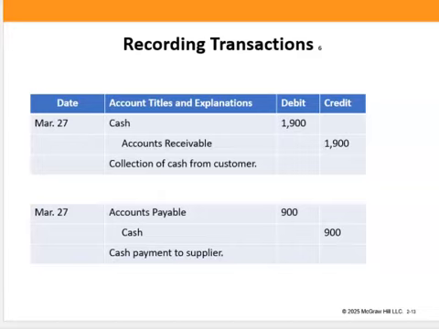The normal direction of a liability is a credit, so in order to reduce that accounts payable, we need to debit it. And the other side of the entry, because it has to balance, is cash, because we're giving our supplier $900. So our asset called cash is now going down. And the description that we're putting there is cash payment to supplier.